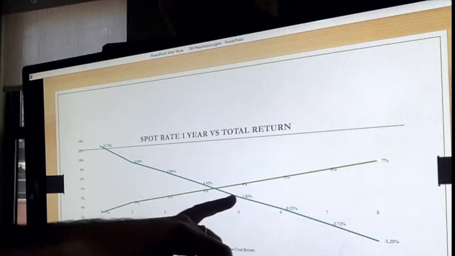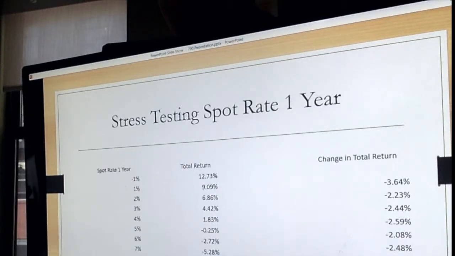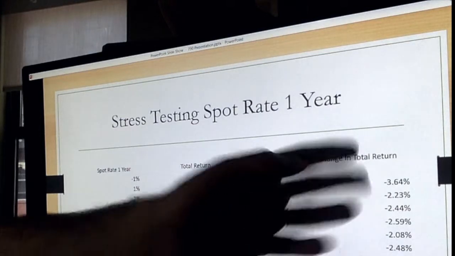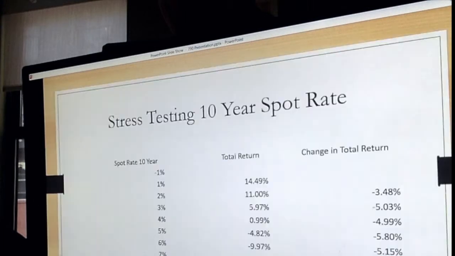So beyond that point, it turns negative. Before, it's positive. So yes, I should say the convexity is steeper when the interest rates are negative.